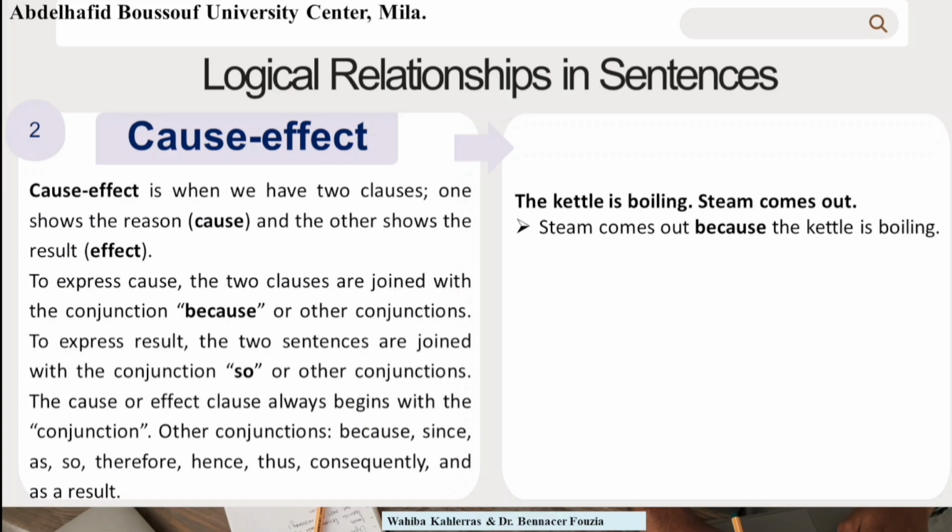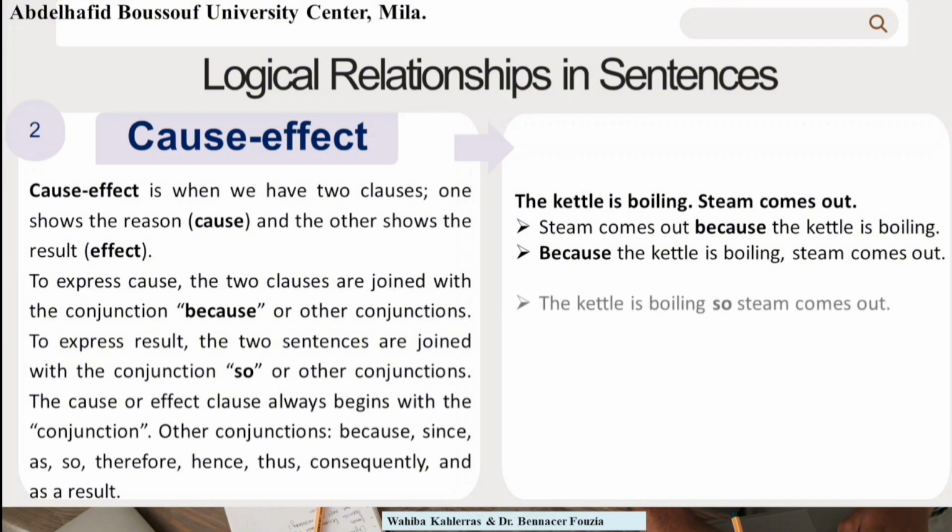Always remember, subordinate clauses or dependent clauses start with the conjunction. They cannot stand alone. Okay? We can also here invert the same cause sentence and say, because the kettle is boiling, steam comes out.